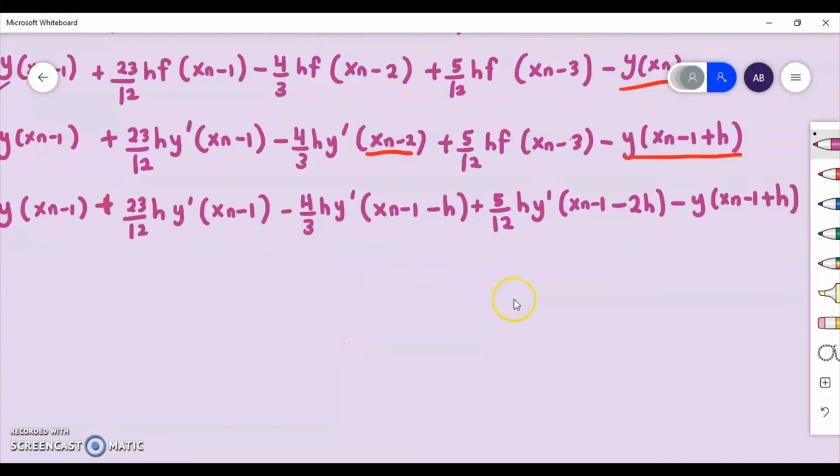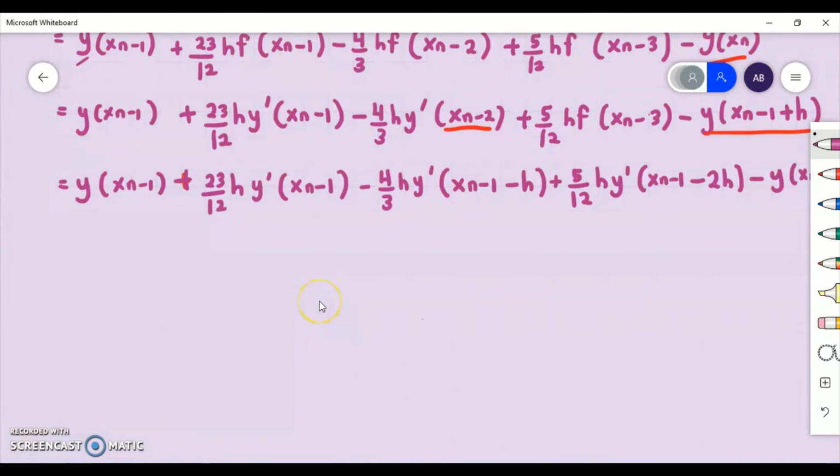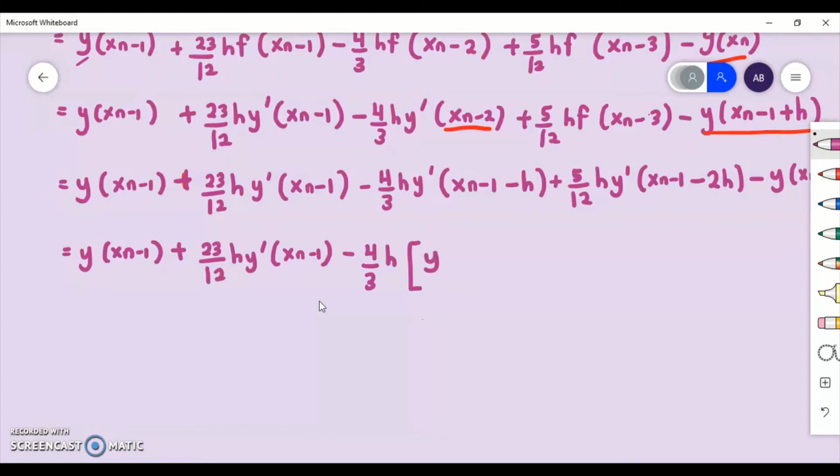So, going back to my marker. I don't have to expand this, and I don't have to expand this: 23 over 12 h y prime x_{n-1}. Now I do need to expand this, so take 4 over 3 h. Expanding y prime x_{n-1} gives me y prime x_{n-1}, and because of the negative term, minus h y double prime x_{n-1}.